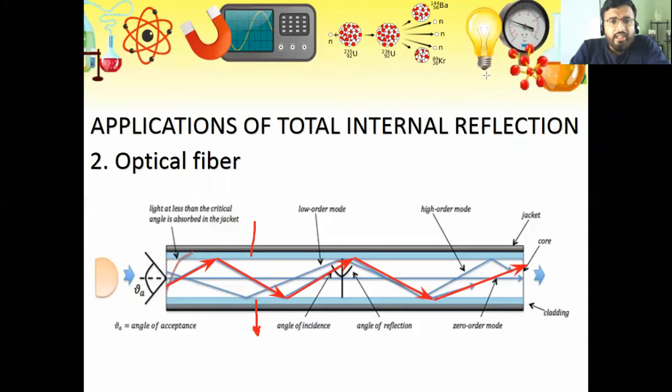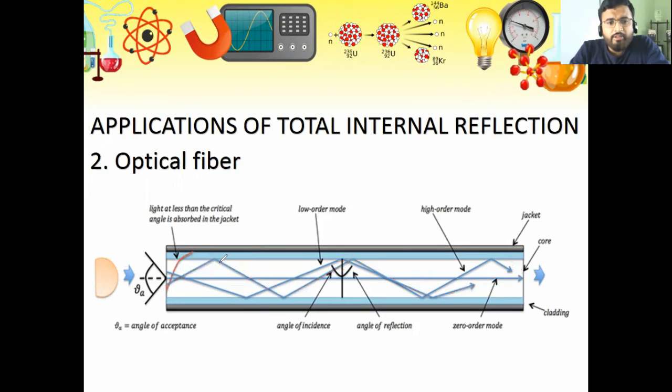For this, the angle of incidence should be greater than the critical angle. Otherwise, the light will refract and will be absorbed by the material. And when energy is absorbed by the material, we will not be able to transmit the complete light. And when we are not able to transmit the complete light, the signal will be lost.